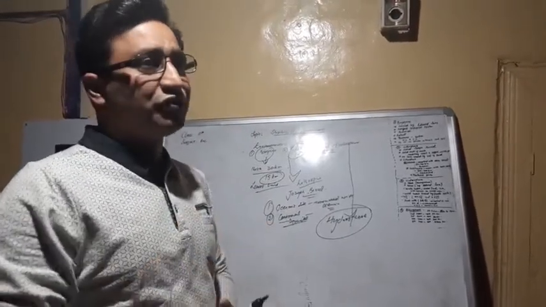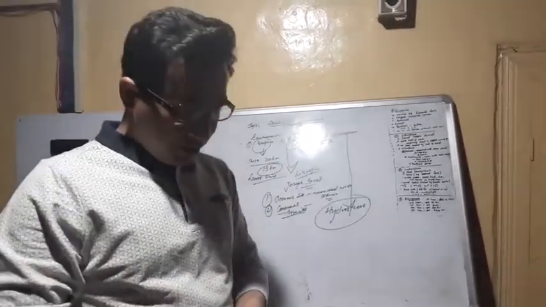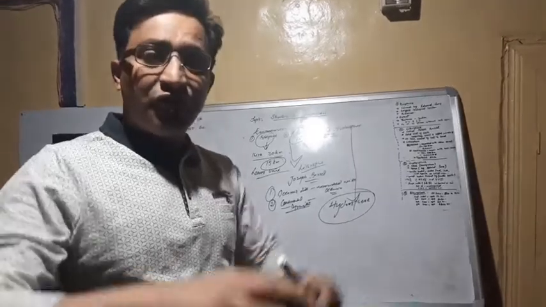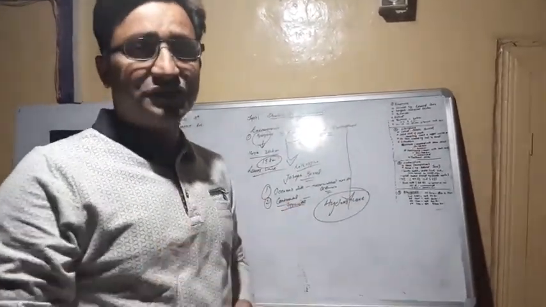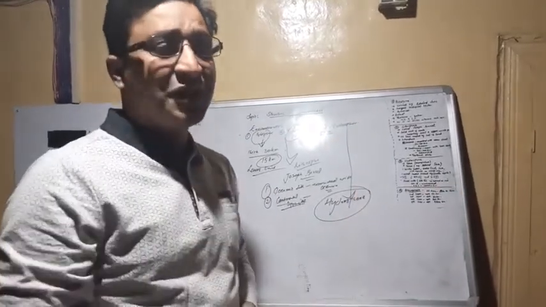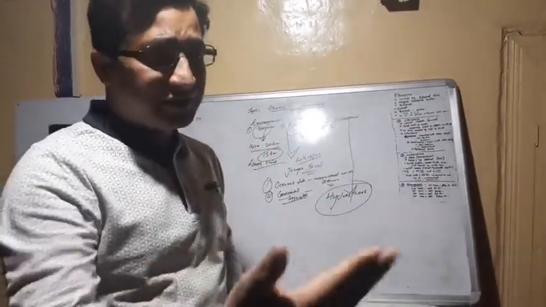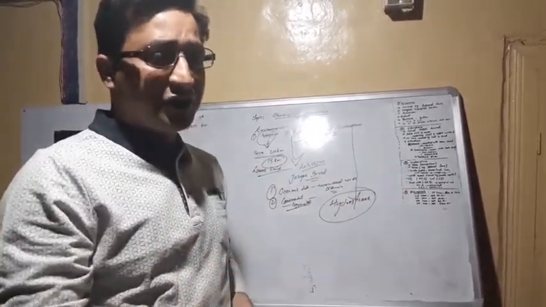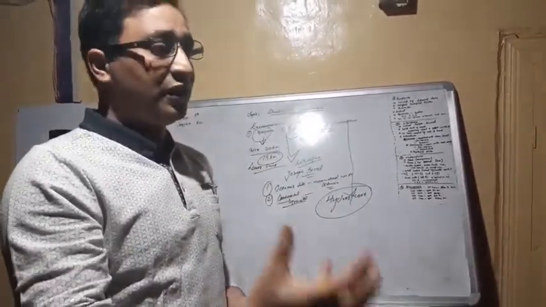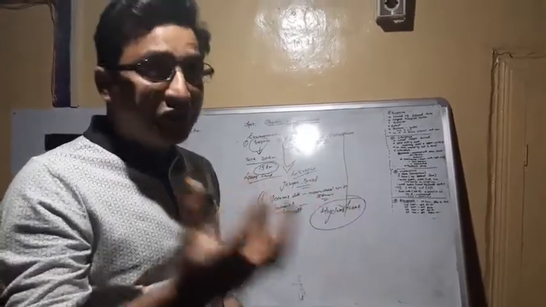So far as this hydrosphere is concerned, it consists of water in different forms, like the water available in water bodies like oceans, lakes, ponds, rivers, and it also comprises the water lying under the land, which is known as underground water.